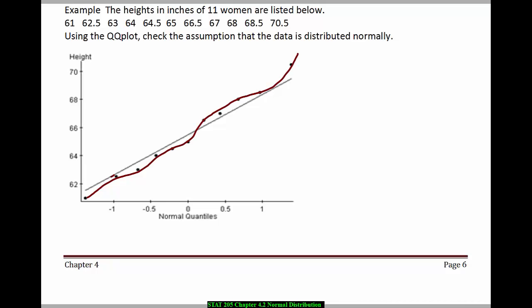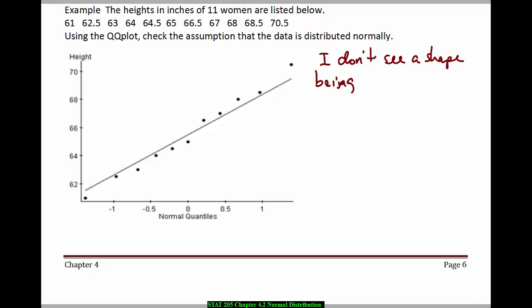Now I see, and I know that you all see it too, that the points are kind of wavy. However, if you squint your eyes for a second and look at it from far away, I don't see any definite shape being made. These points look fairly linear to me. So on this QQ plot, I don't see a shape being formed, and that means the points are fairly linear.